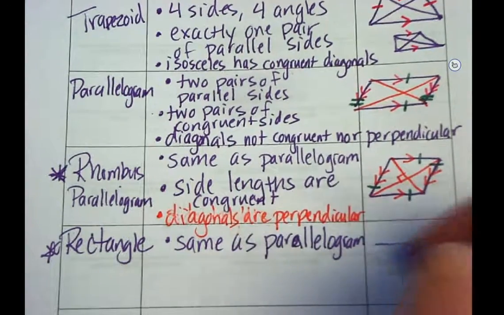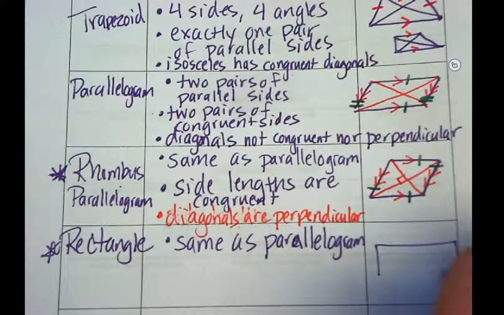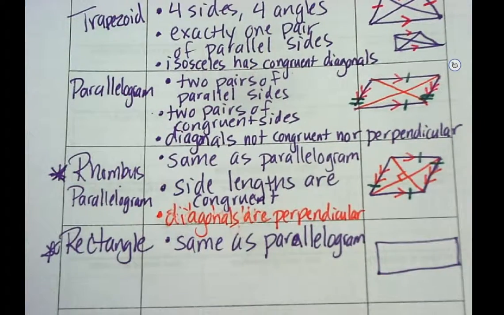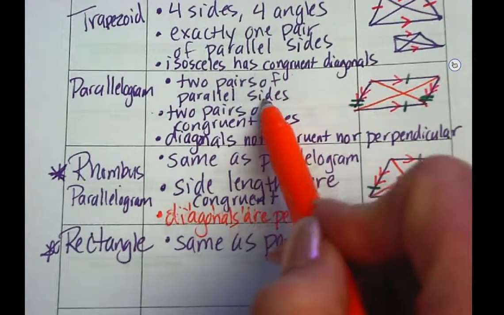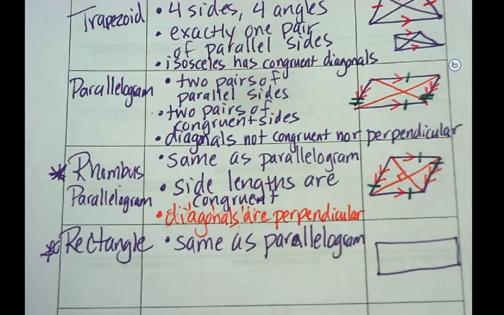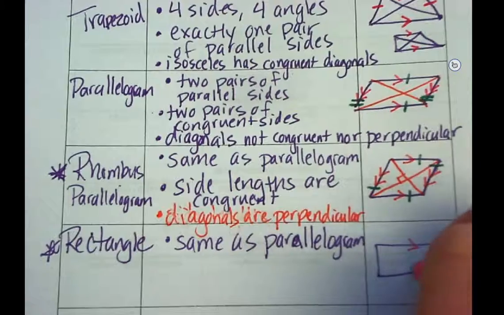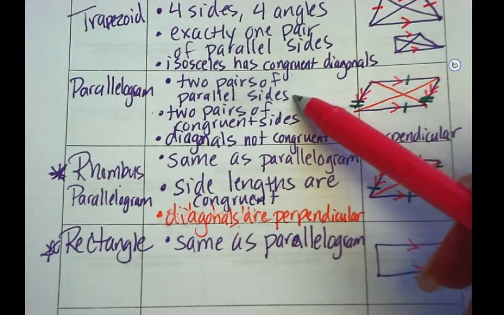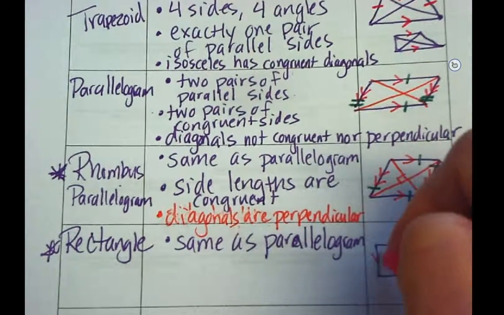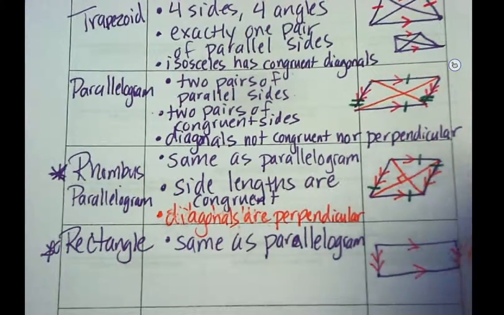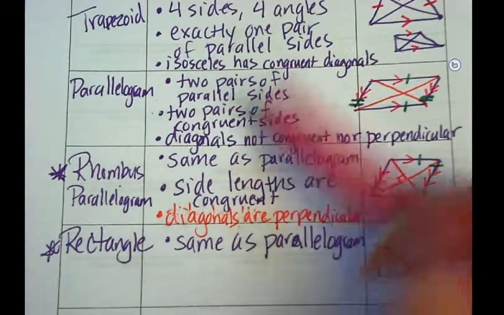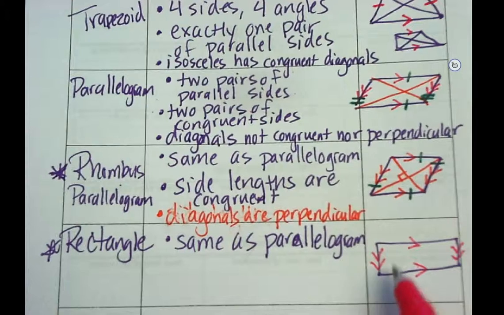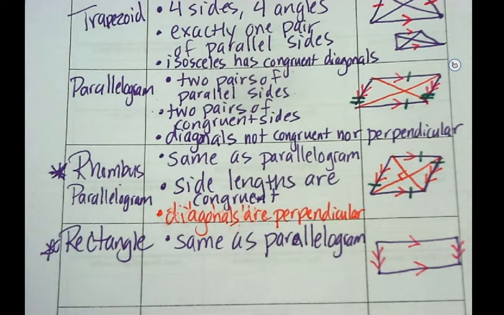So let's look at it over here. It's the same as a parallelogram because it has two pairs of parallel sides. So this side is parallel to this side, just like a parallelogram. This side is parallel to this side, just like a parallelogram. But what else does a rectangle have that a parallelogram does not?